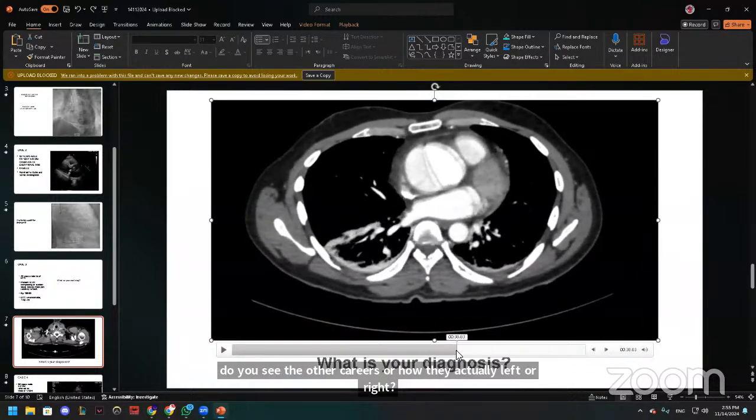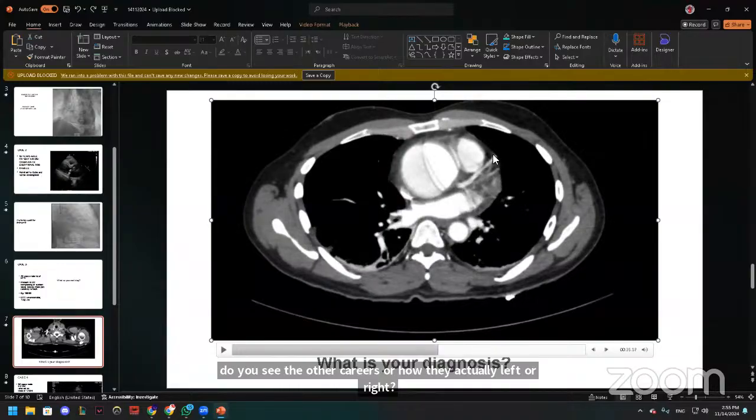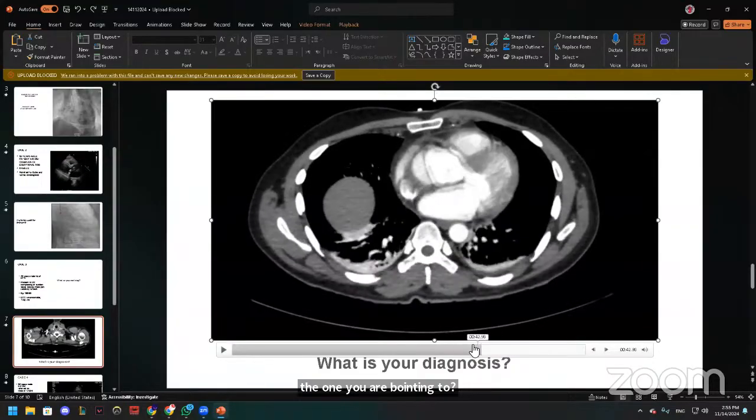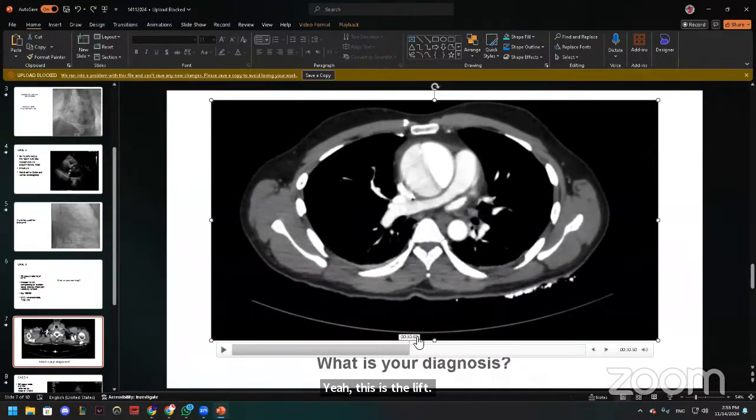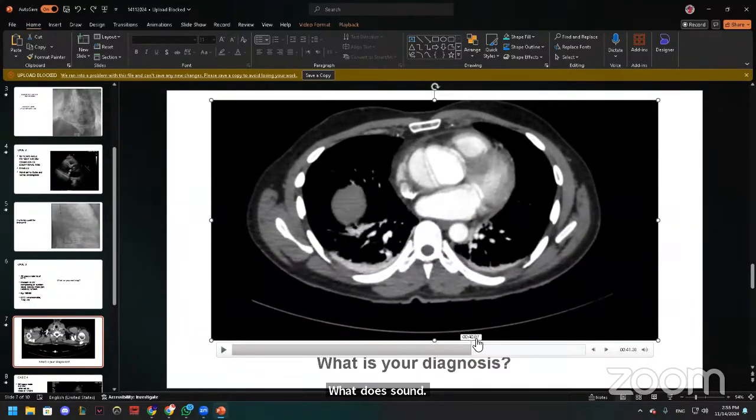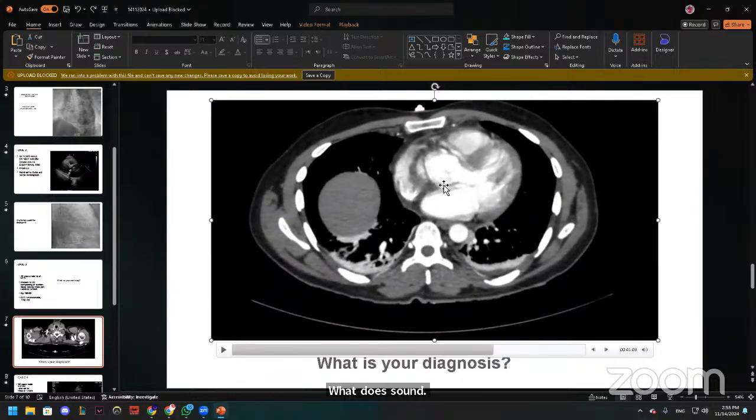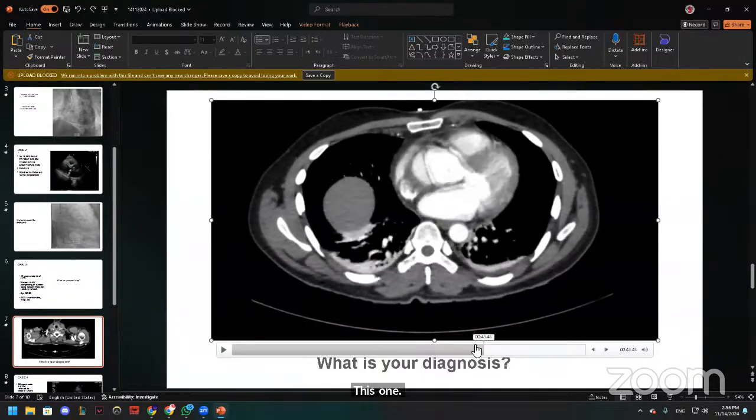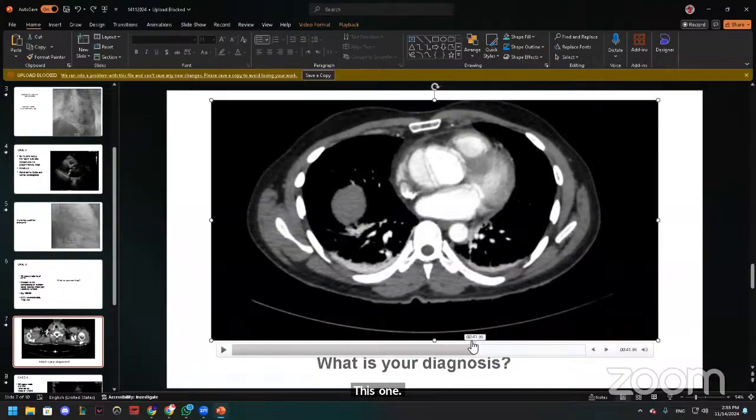This, the one you are pointing to? Yes, this one. Yeah, this is the left. Excellent, well done. What about, let me show you, this one. This is the right.